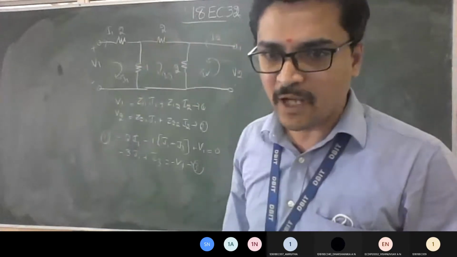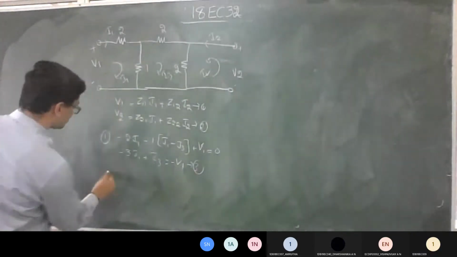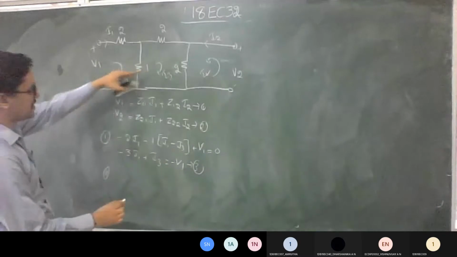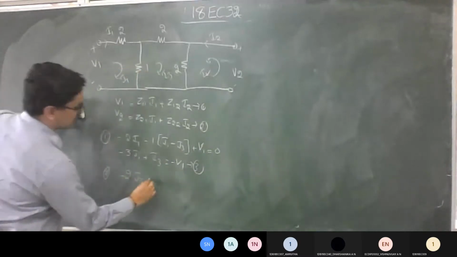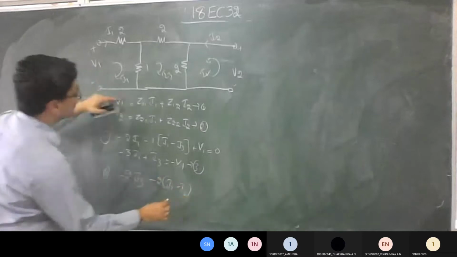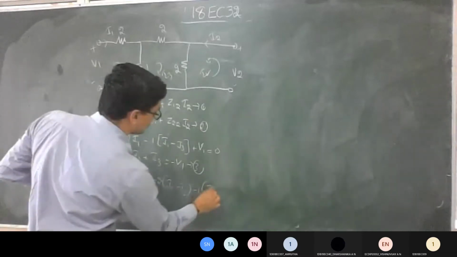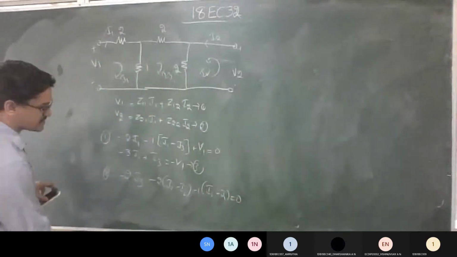I hope you got the concept now, everyone. Okay, proceed. So apply mesh 2. Apply mesh 2 here. So -2 I3, then -2 (I3 minus I2), then again -1 (I3 minus I1) equal to 0. Simplify this.